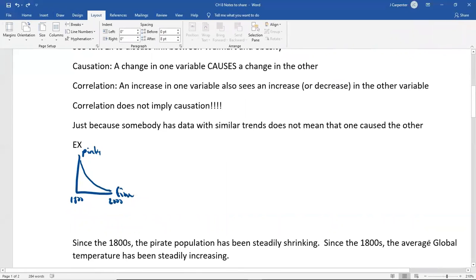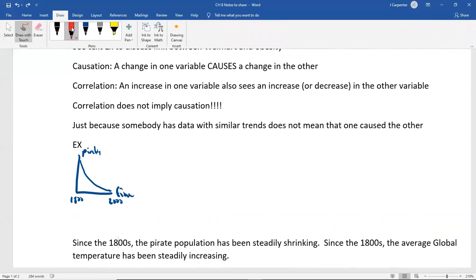Since the 1800s, the average global temperature has been steadily increasing. Once again, fact. Since the 1800s, our global temp has been steadily increasing. So maybe the average global temperature was, I don't know, 60 degrees Fahrenheit back in here. So we'll call this 60.